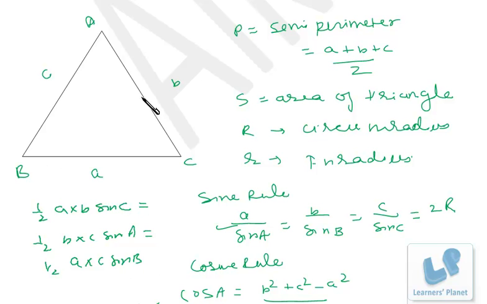So two adjacent sides and the sine of the angle between them. Using them you can calculate the area of the triangle. If you equate all of them, you'll get this expression. Okay, so that's pretty easy. You must know the sine rule, cosine rule, and how to find the area of a triangle using the sine rule.